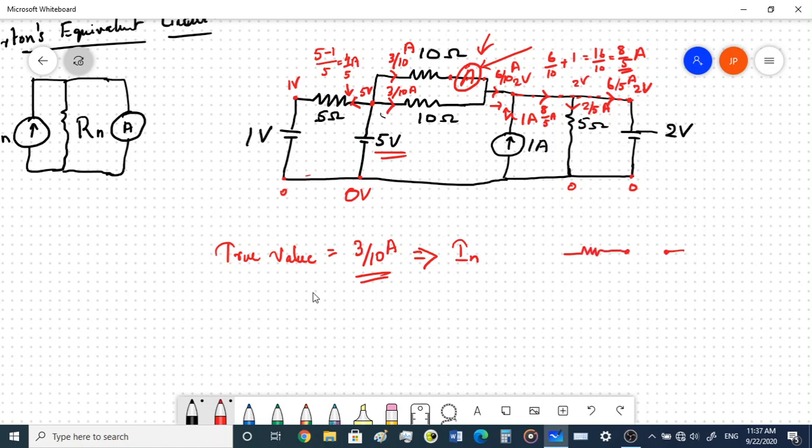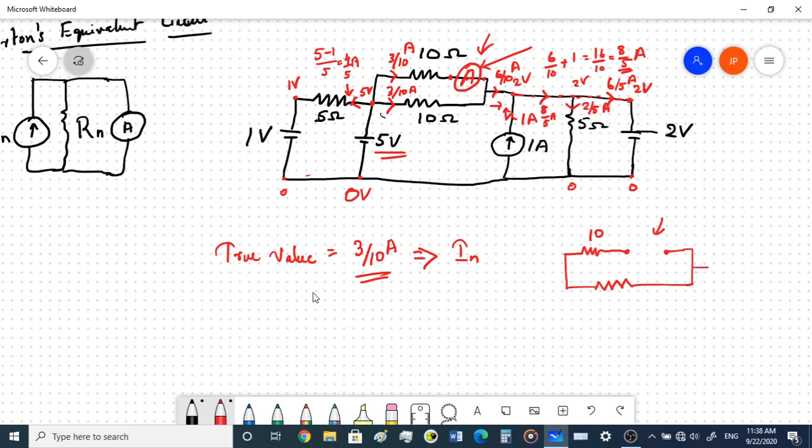For finding the current, we short this path across the ammeter and find the current by removing the ammeter. But right now we are going to open the circuit and find the resistance by looking from this point. Now there is a 10 ohm resistance over here, and another 10 ohm resistance over here.